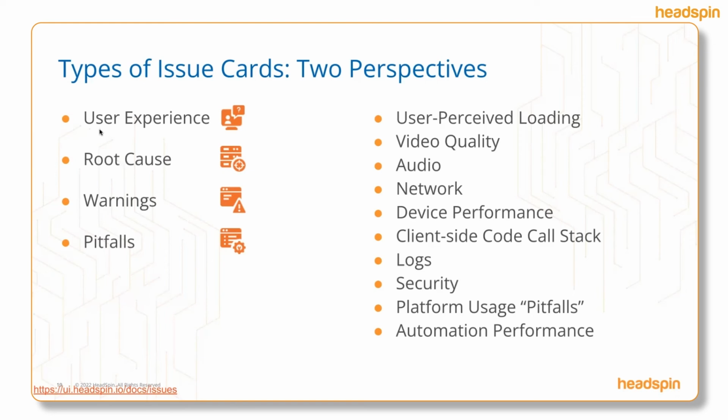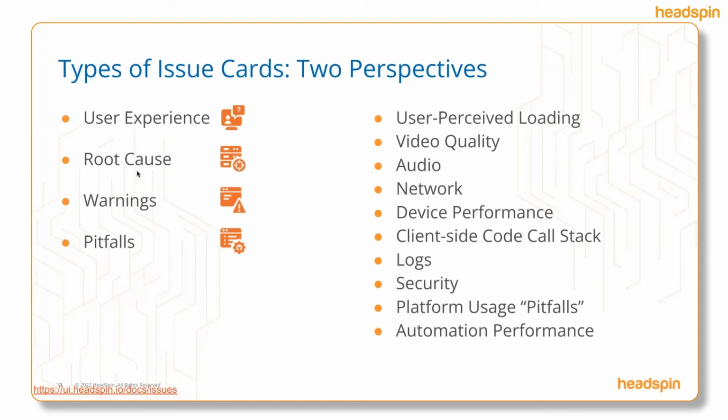So we surface user experience issue cards. These are basically issues that the user will see or hear or otherwise experience as a part of their experience with the application being tested.